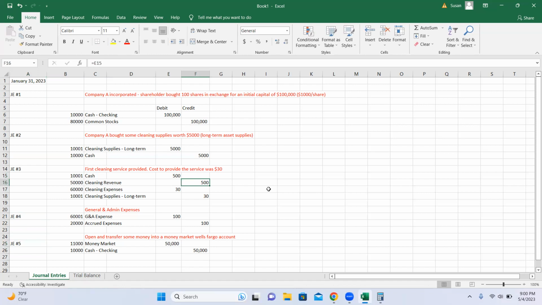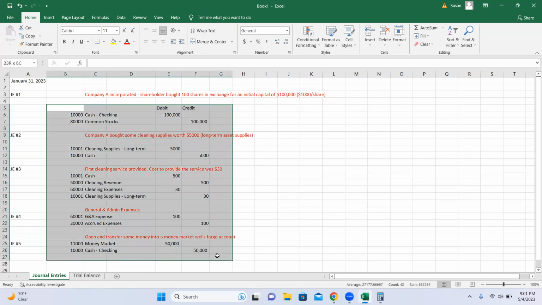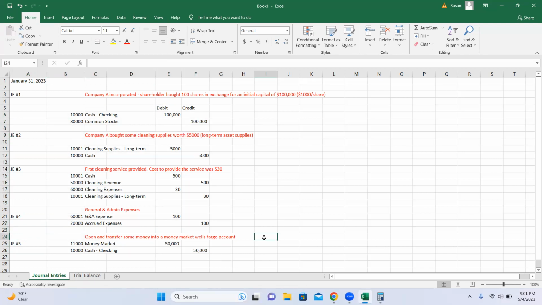So 5 activities happened this month. Now, it's time to put it into the trial balance, which basically takes all these line by line double entries and totals it up. Basically, the total balance of the debits and the total balance of the credits according to the account.